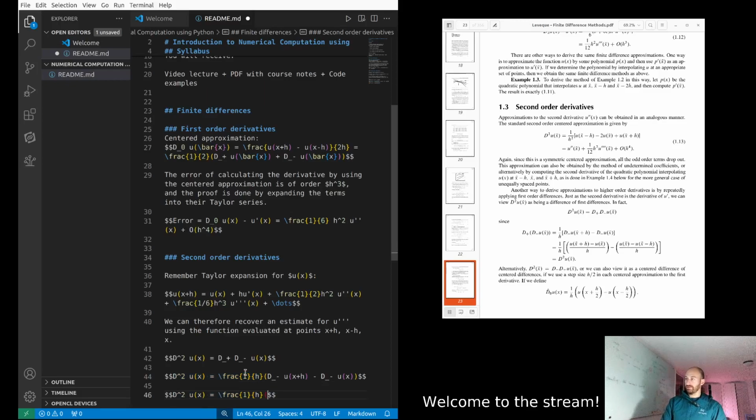By their internal values. So we're going to go 1 over h, and this is u of x plus h minus u of x, right?